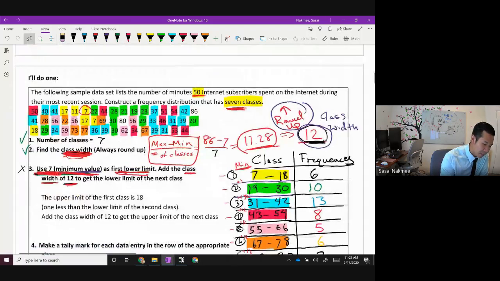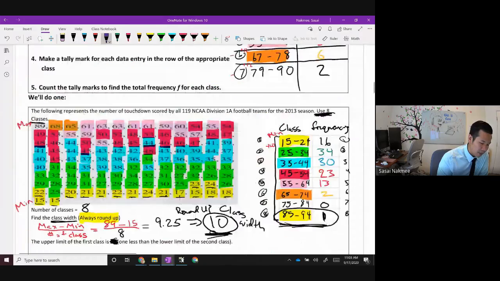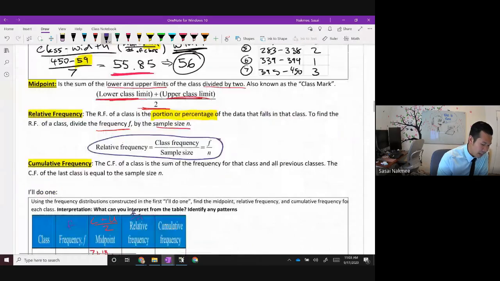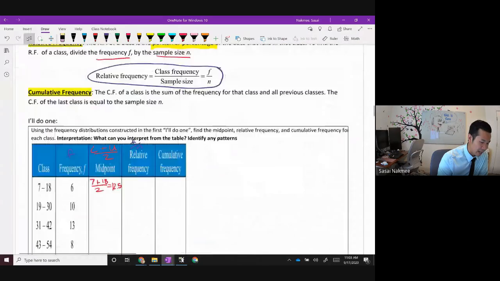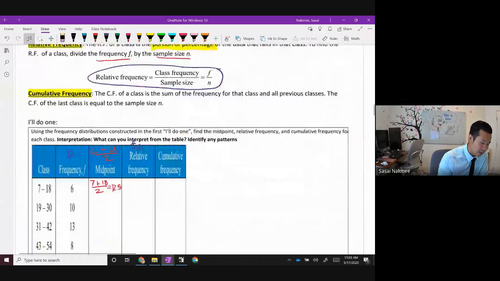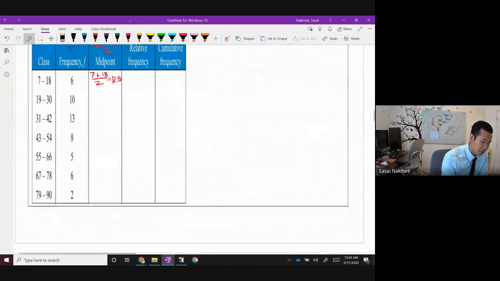So up here, my sample size was 50. They tell me that I'm looking at 50 numbers, and if I sat there and counted all of the numbers on the screen, there should be 50 of them. And if you're lazy like me, you don't have to sit there and count all the numbers in that data chart. You could instead just count all the numbers in the frequency here.